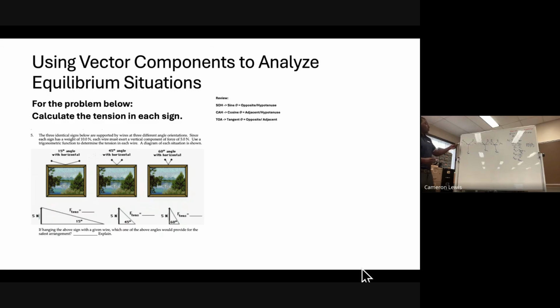I just need to figure out one of these because both of these are going to hold it up, right? So in each scenario, I can change one of these to 5. So now this is 5 newtons. I know this is 5 newtons.